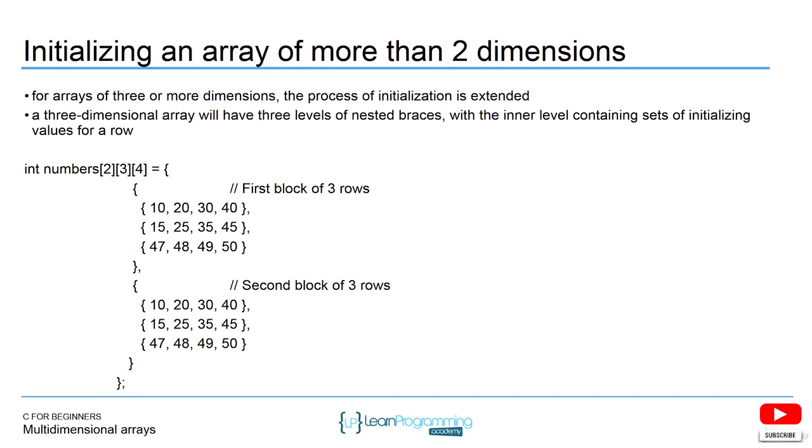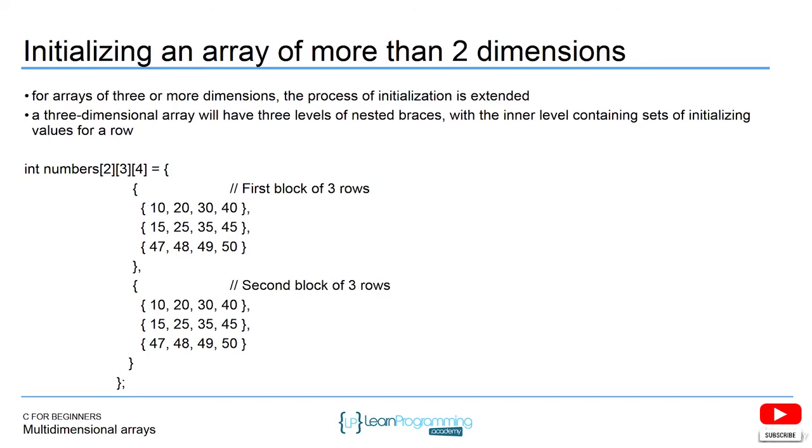So what this is saying is, again, first block and second block, because we didn't initialize the third and the fourth block, just the first and the second. So we have 4 blocks, and you can think of each block as a stack of data tables, each block having rows and columns. So the first block is going to be initializing just the first 3 rows, which is all we have, 3 rows.